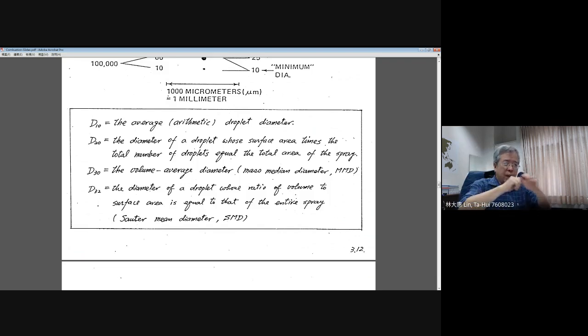The denominator is the total surface area. Surface area represents how much vapor you can evaporate through the droplet surface. If you have a large surface area, you can promote the gasification strength, and then the mixing will be enhanced, and the combustion efficiency will be enhanced.